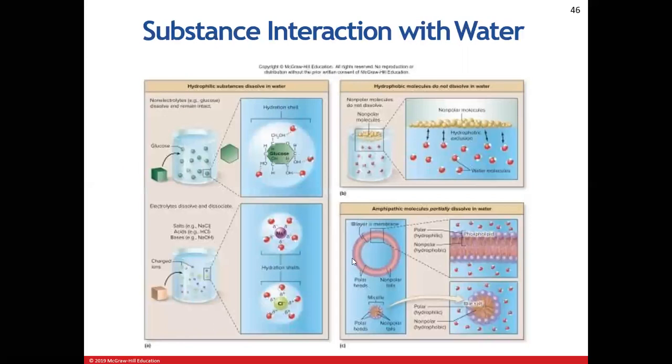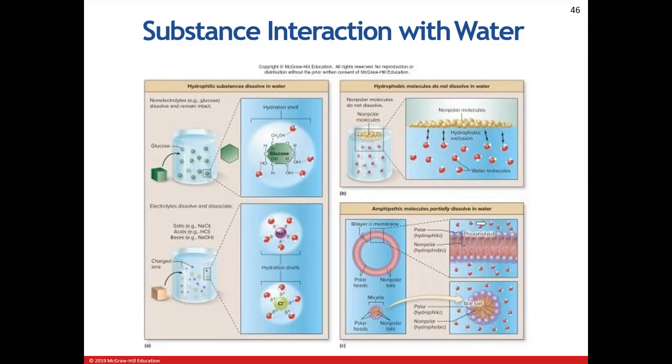And so this is kind of what we're looking at, okay? You can see this phospholipid bilayer here, okay? So we've got the polar heads on the external surface, the polar heads on the internal surface. We also have the nonpolar tails inside that phospholipid bilayer.